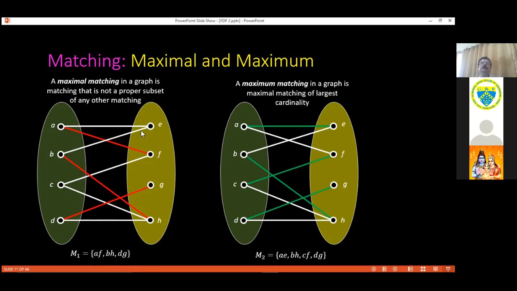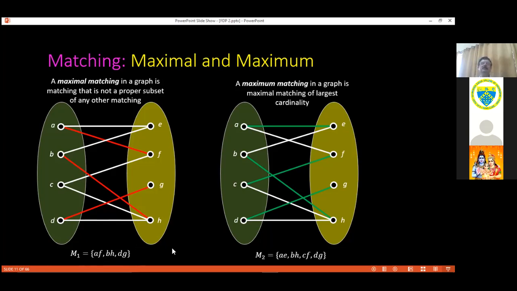BE cannot be inserted because BH and BE have the common vertex. Similarly, CF cannot be inserted because F is common. CH is not possible because H is common. DH is not possible either. Therefore, this cannot be extended to another matching which is a superset of this. Therefore, this is a maximal matching.